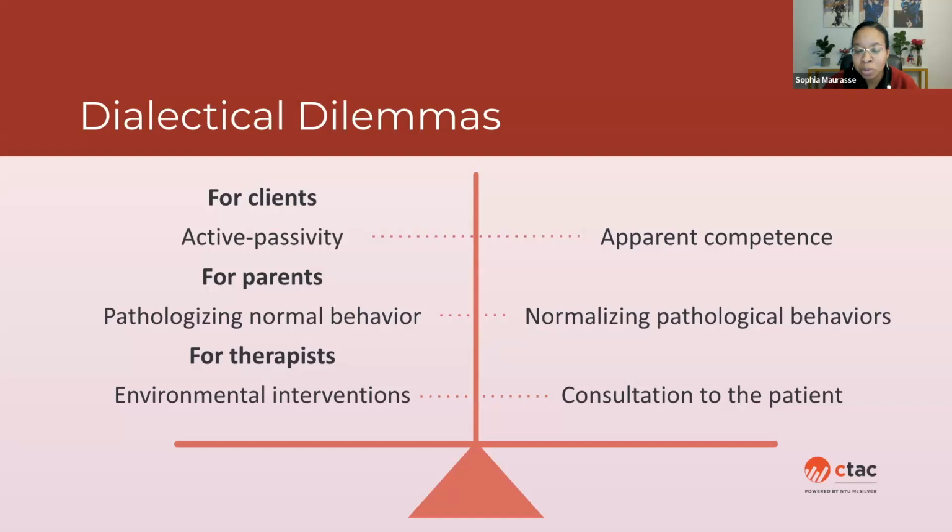So that's the difference between taking hold of the treatment in a very directive way versus partnering with the patient. And the dialectical synthesis here is leaning into the environmental interventions when they make sense, and leaning into consulting the patient when that makes sense as well. That the reality is somewhere in between that really asks us to be flexible in our approach.